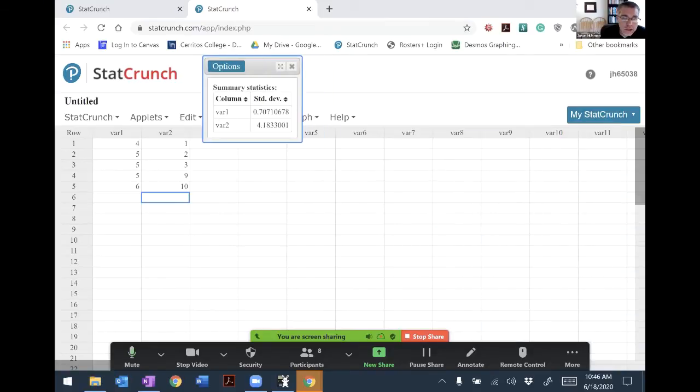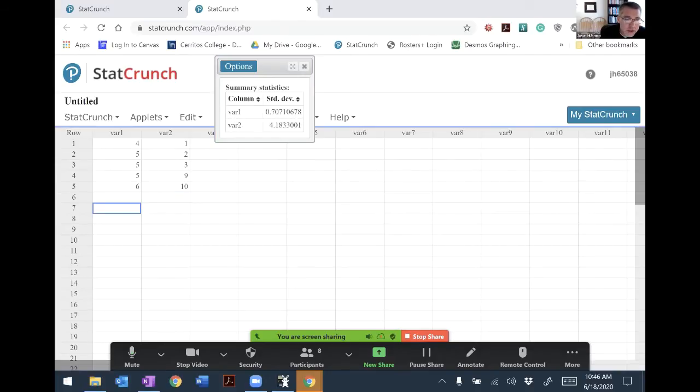What that tells me is that for the first data set, the standard deviation was equal to 0.707. For the second data set, the standard deviation was equal to 4.183. Does that make sense?